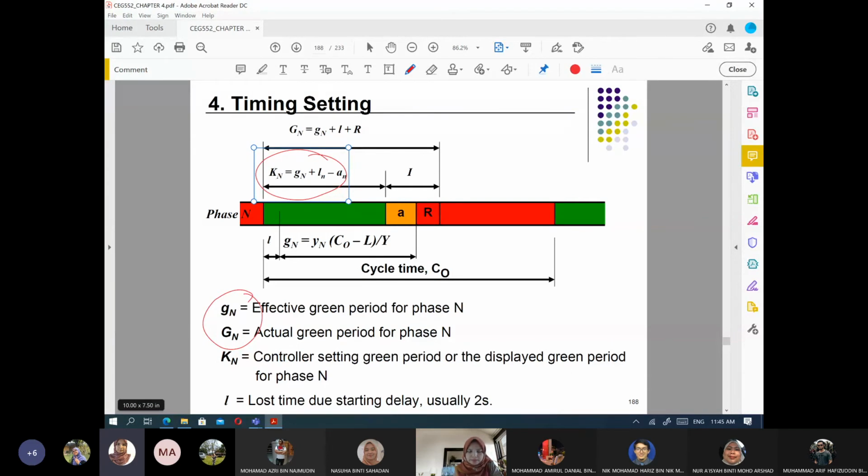But in the end, when you put it into the time phase diagram like this, you have to use K, the controller time, because we want to find the value that will appear on the screen for that particular traffic light. Okay, let's look at the example.